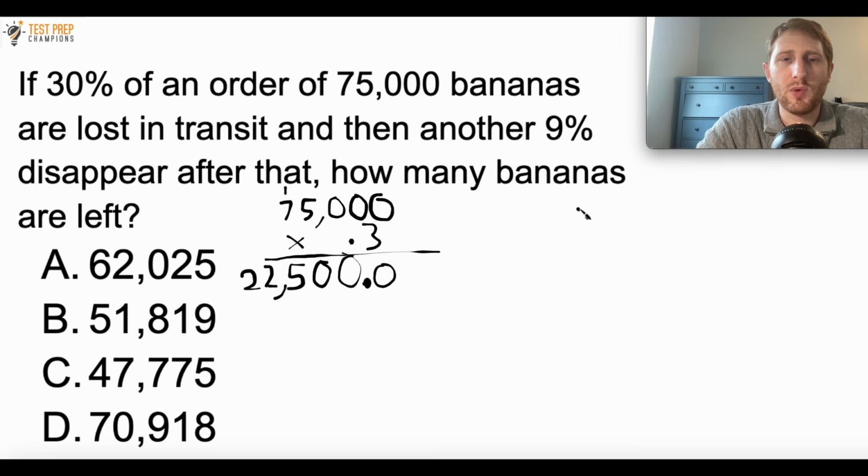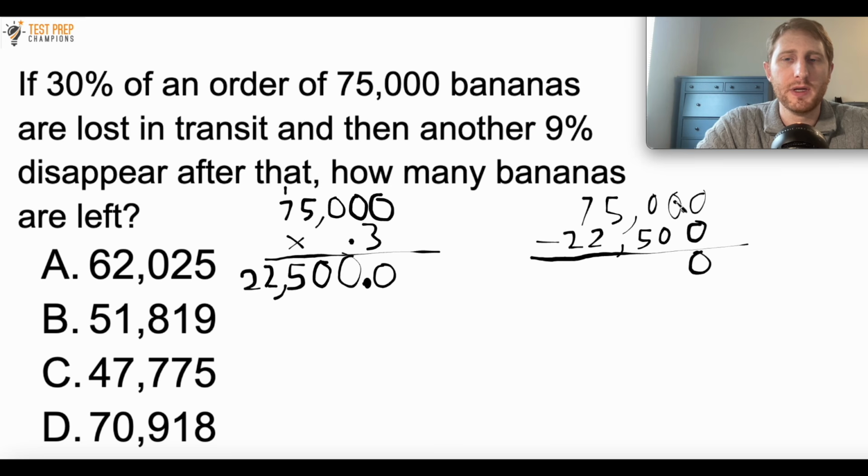So now what I want to do is do 75,000 minus 22,500. This is going to tell me how many bananas were left after 30% got lost. So 0 minus 0 is 0. 0 minus 0 is 0. Now, here I have 0 minus 5.